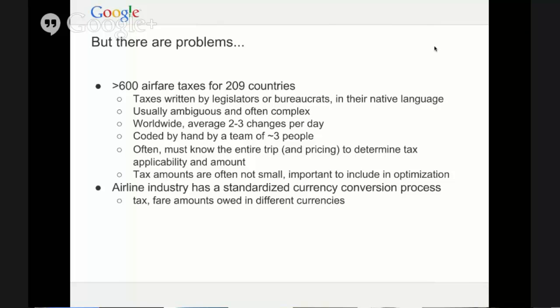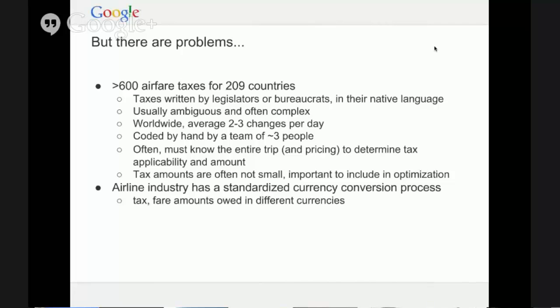And worldwide, on average, you see about 2 to 3 changes in these laws per day. And this has to be coded by hand by a team of about 3-4 people. I mean, a handful of people. And often you must know the entire trip before determining what the tax should be. For example, if you're buying a ticket to India, the tax that you're going to apply will depend on whether you're flying through Germany or you're flying through the United Arab Emirates.